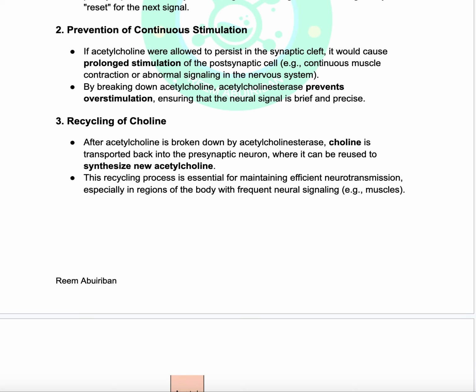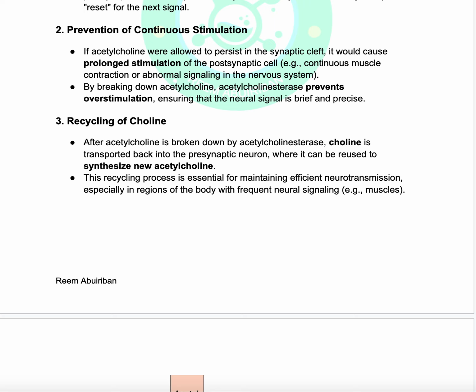Recycling of choline. Maybe the question is, what is the fate of the acetate and the choline? After acetylcholine is broken down by cholinesterase or acetylcholine esterase, choline is transported back into the presynaptic neuron, where it can be reused to synthesize new acetylcholine.